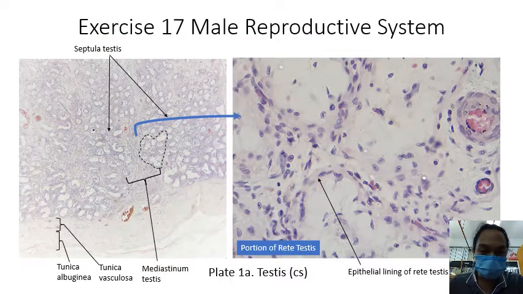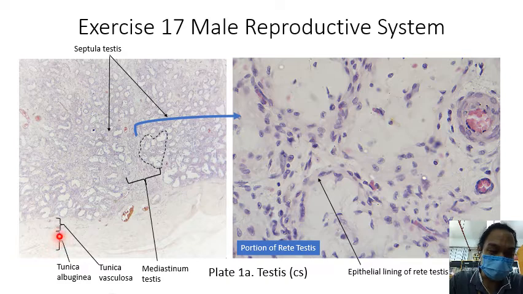So here is plate 1A, on the cross section of the male gonad, the testis. We can see here the capsule that actually surrounds the testis. It's the tunica albuginea, as we see here.